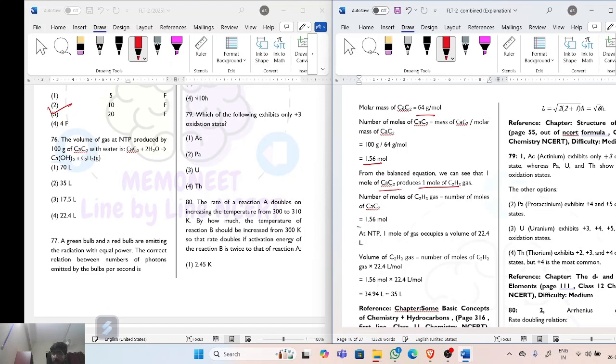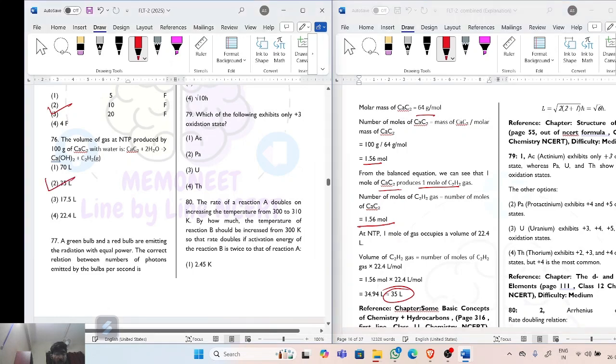Okay, so the total number of moles produced will be 1.56 mole. Now volume of C2H2 gas is equal to number of moles of C2H2 gas into 22.4, which is 1.56 into 22.4, comes out to be 35 liter approximately. Means option number 2 will be our correct answer.